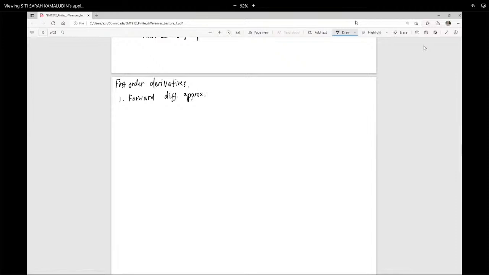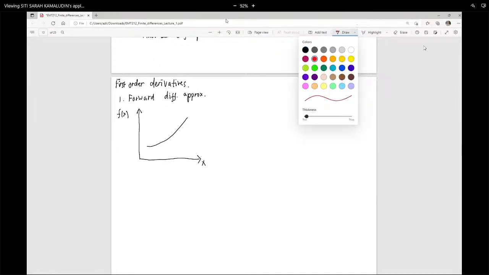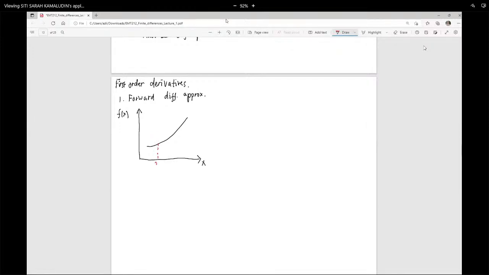So in forward difference approximations, let's say we have our fx function. This is our xi, point of interest.